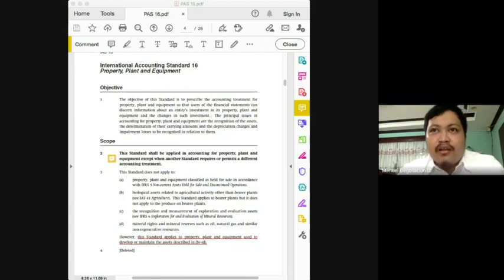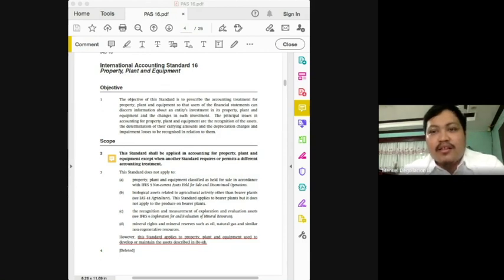Very rare, class, very rare in which you would be asked, is this item of PPE part of PAS 16? Because more often than not, the answer would be yes. So the focus on most difficult or tricky questions would be to identify what item is not covered by PAS 16.